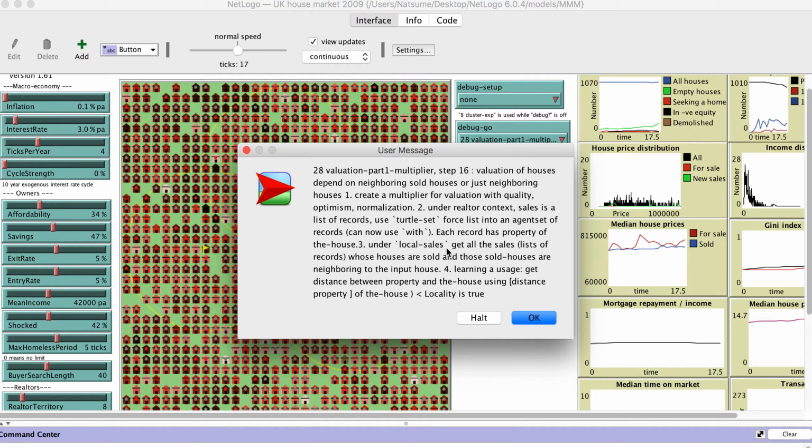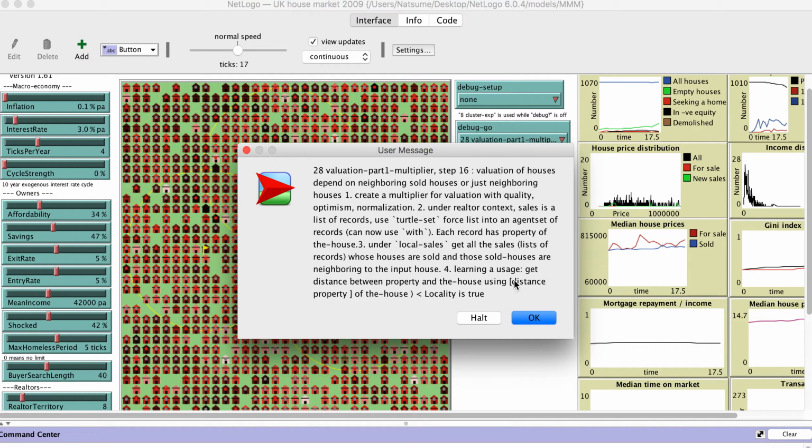Okay, so we get all the surrounding houses that have been sold recently, whose selling prices can be accessed by the realtor. So now this will be easier for the realtor to evaluate the house. Okay, this is part one.